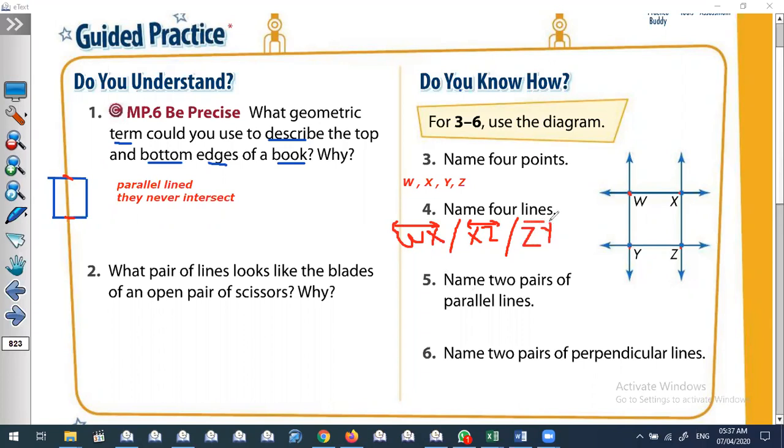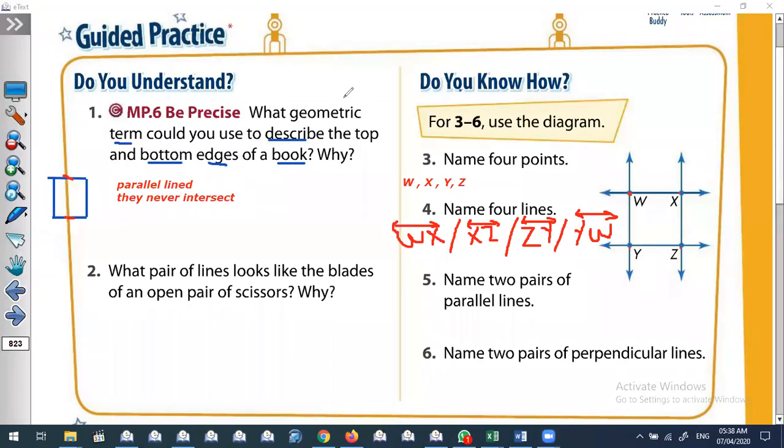What about the fourth line? The fourth line is YW. YW is the last line. So we have WX is a line, XZ is a line, ZY is a line, YW is a line.